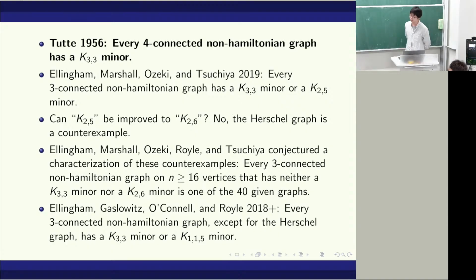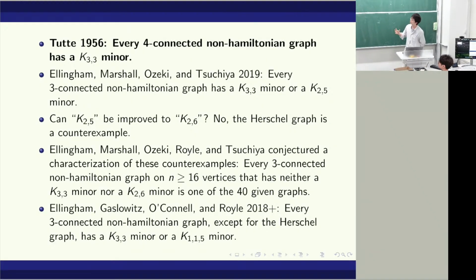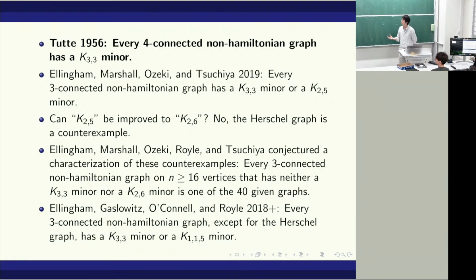Ellingham, Marshall, Ozeki, and Tutte proved that 3 connected non-Hamiltonian graphs may not always have a K3,3 minor. But if it does not have a K3,3 minor, it will have a K2,5 minor.